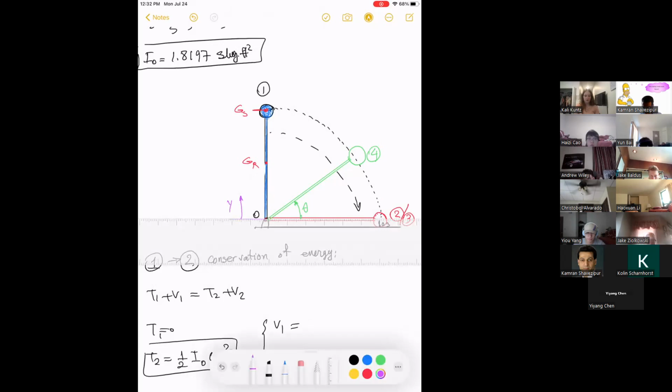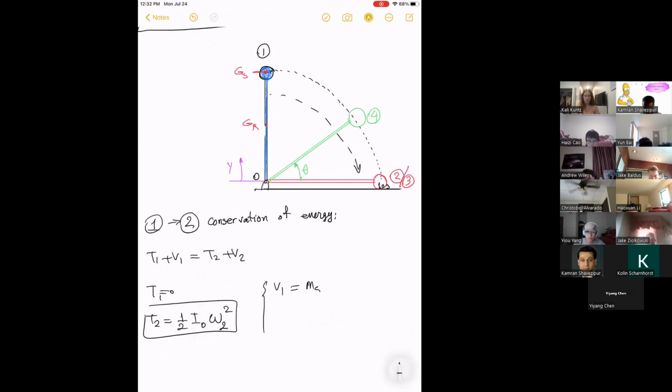If that's the case, then for V1, we're going to get M of the sphere, g, look at the height here, is R plus L, right? So we get R plus L. And for the rod, this is the height, which is L by 2. So this is V1.